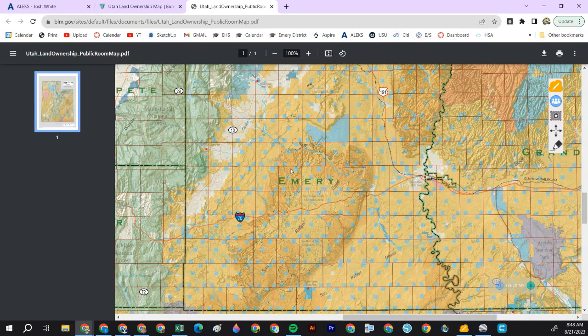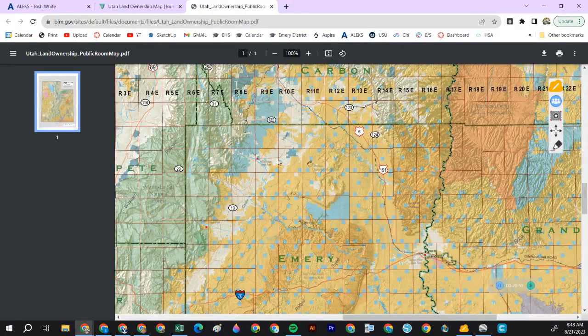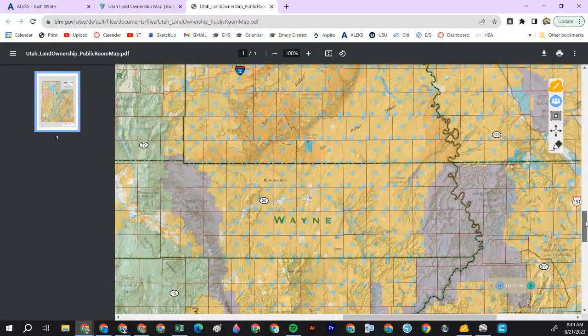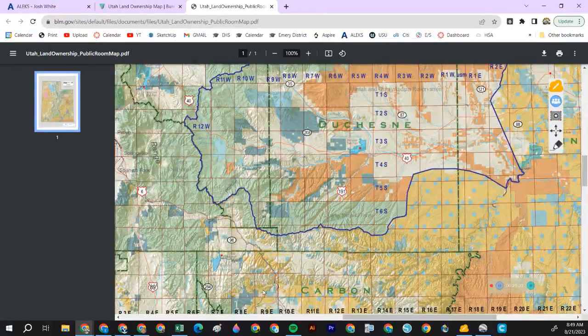So, yeah, right here. So all of this land, as you go to Price, with all of the gas wells on it, it's all blue. So what happened is the federal government said purple is national park. So there used to be all of these blue squares inside here. And the federal government said, we want that land, and we will trade you for this land.